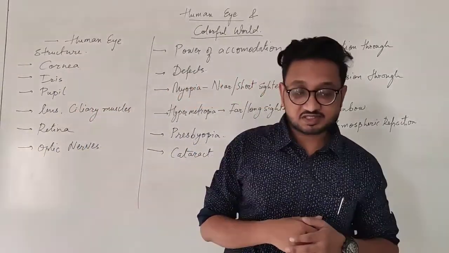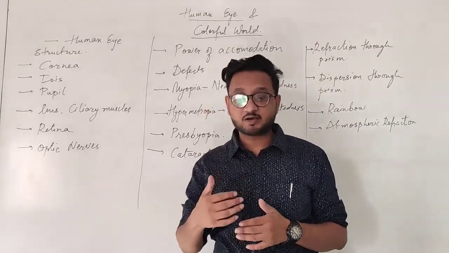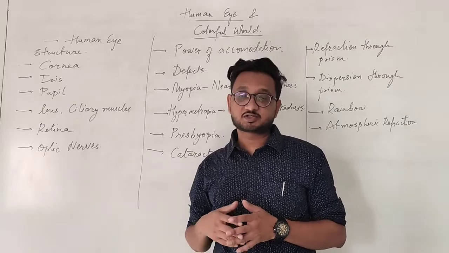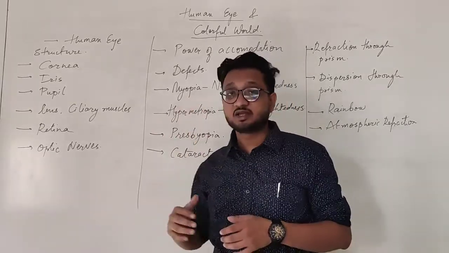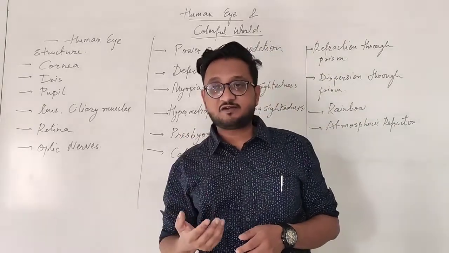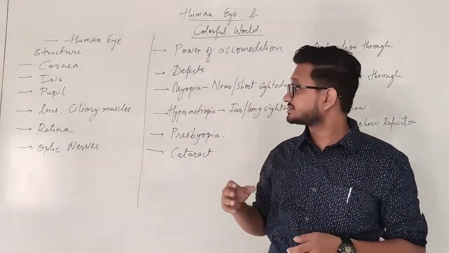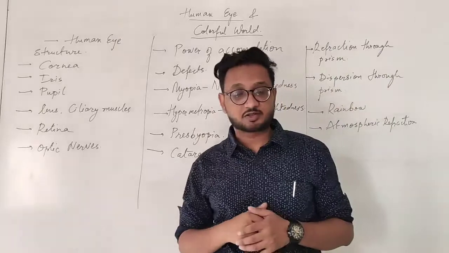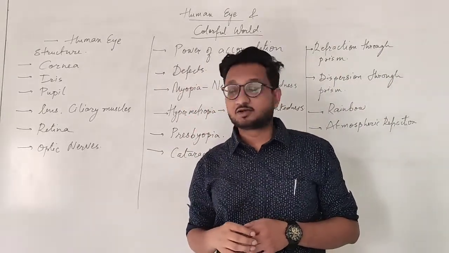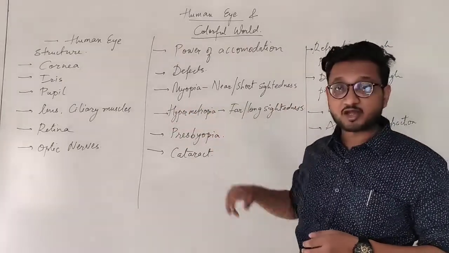That means a person can only see a nearby object, not a far away object. He or she is only able to see nearby objects and not far away objects. For example, like us, if we are sitting on the last bench without the glasses, we are not able to see what is written on the board. Okay, we require the glasses to see far away objects. Okay, so we are suffering from myopia.